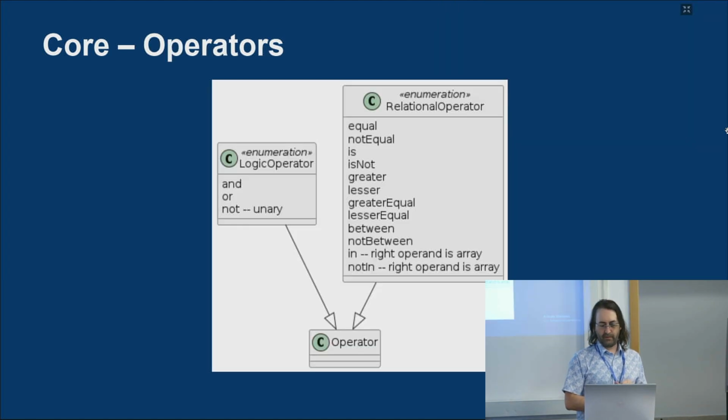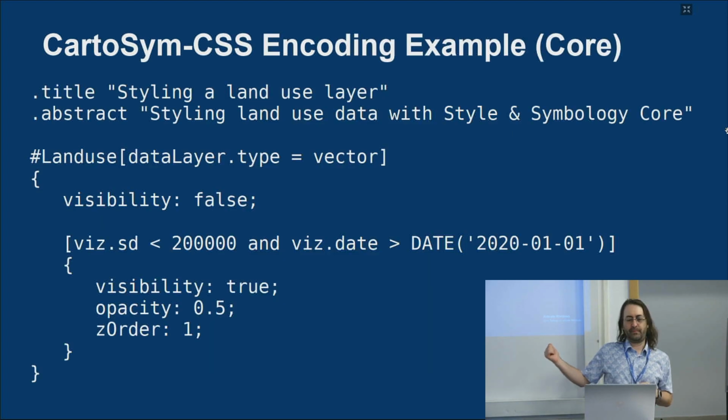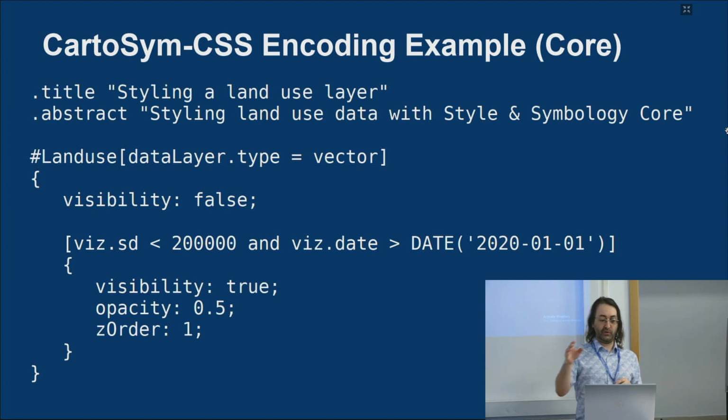So the core operators: we have the logic operators and, or, not. And we have all the relational operators. That's the logic and the relational. And this is the first example of what the CartoCSS looks like. We have some metadata at the top, title and abstract. And then we have a selector here on the first line. The hashtag symbol is a shortcut to say layer ID equals land use.